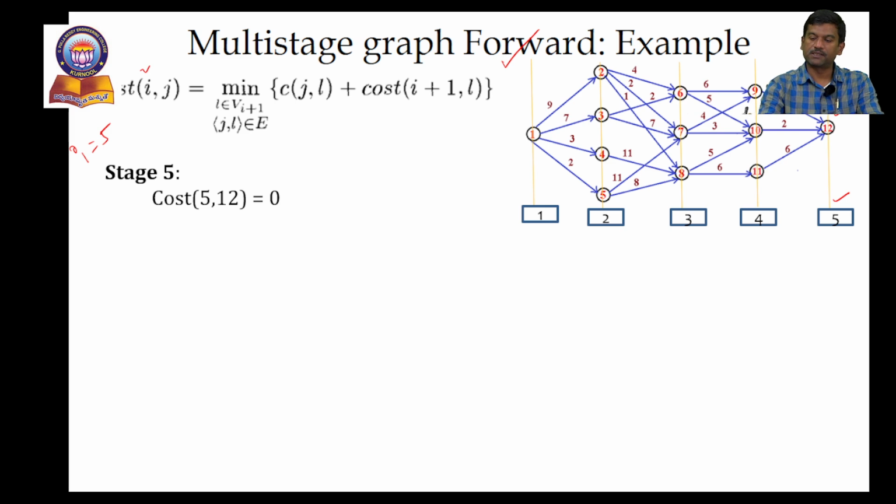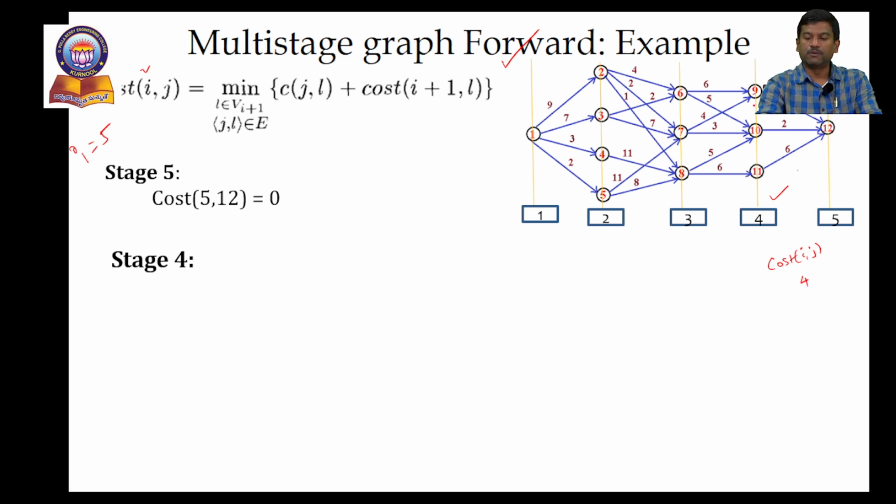Coming to the next stage, that is stage 4, you need to find the cost at stage 4. According to the formula cost of i comma j, at stage 4 the i value will be equal to 4.